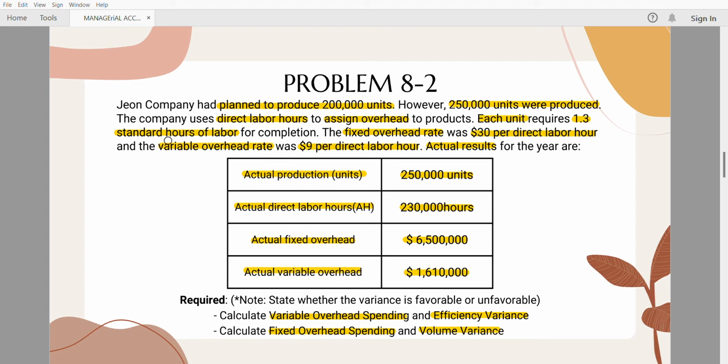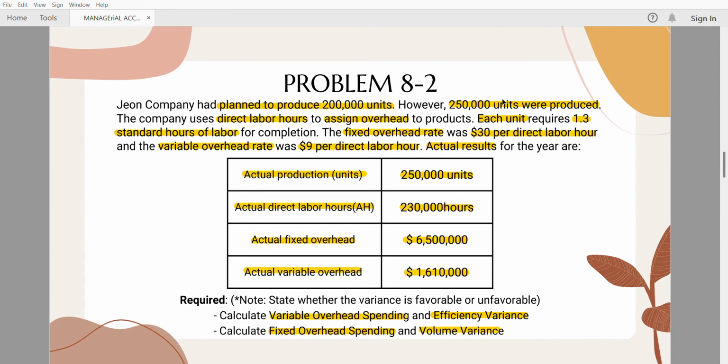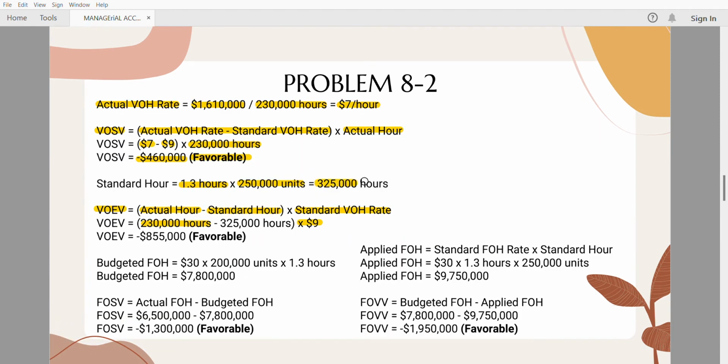So we need to find the total, which is 1.3 times the actual produced units, 250,000. And we get 325,000 hours.